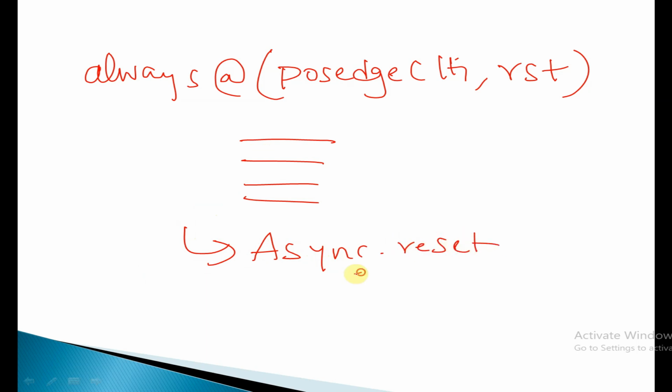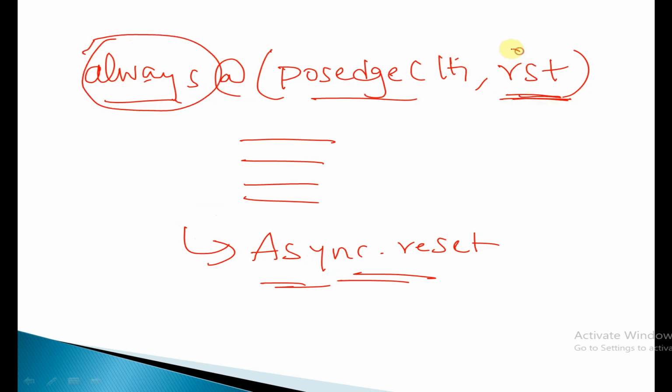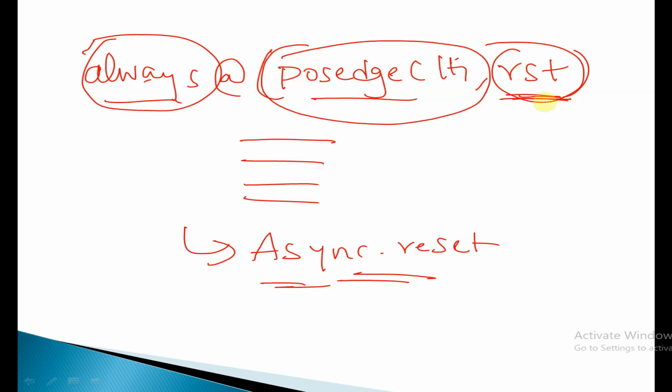Here you can observe always @(posedge clock, reset). That means this always block will be triggered whenever there is a reset signal applied, or whenever there is a positive edge of the clock. Whenever a reset signal is applied, the always block is triggered and you can write your reset logic here: if reset, output is equal to 0.